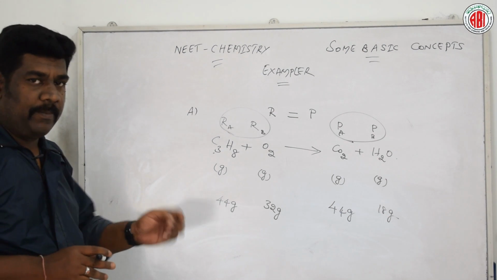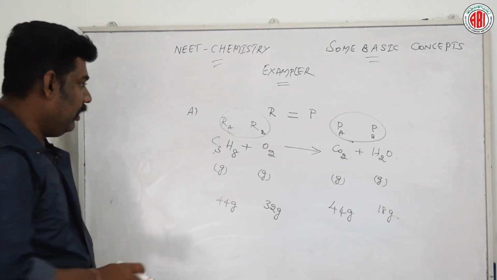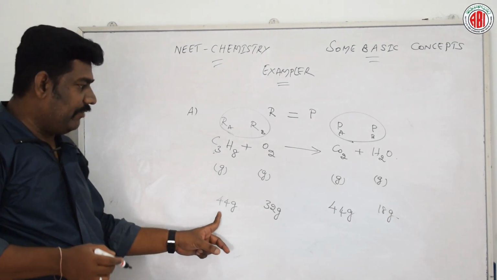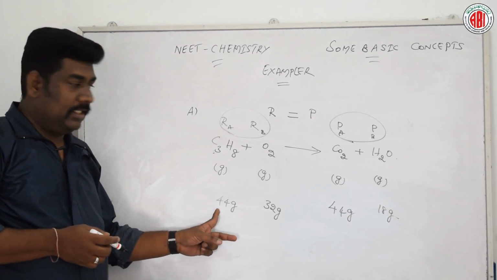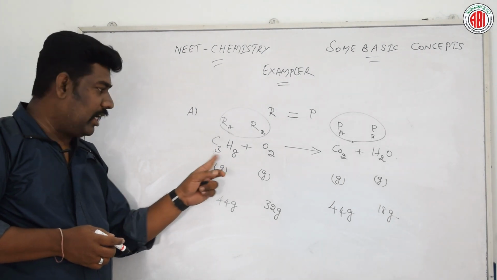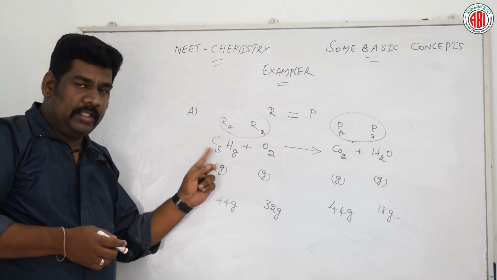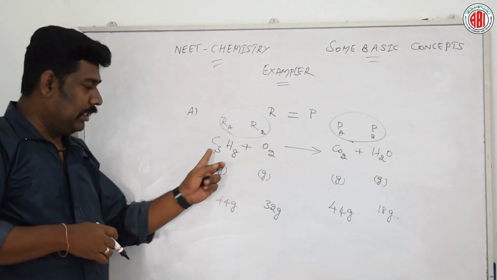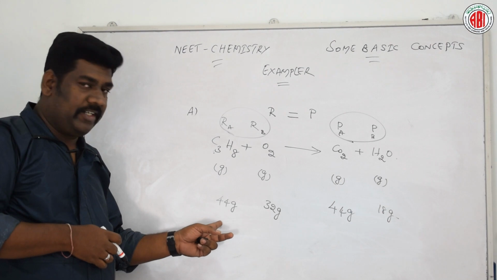Let us see the molecular mass of the individual compounds. Here C3H8 is 44 gram. Carbon is 3, hydrogen is 8: 3 into 12 plus hydrogen 8. Adding both values we get 44 gram.